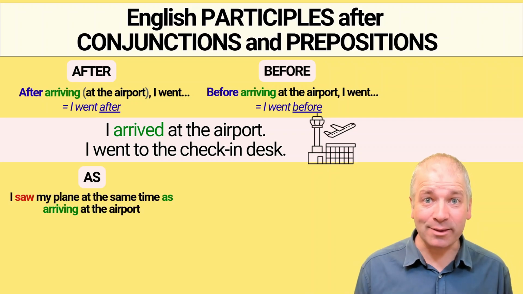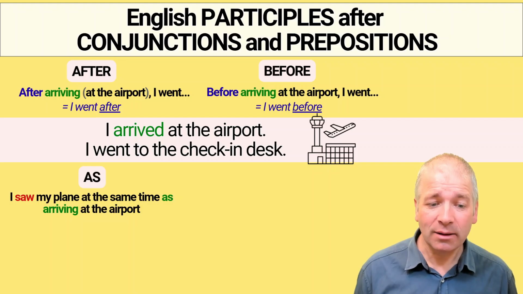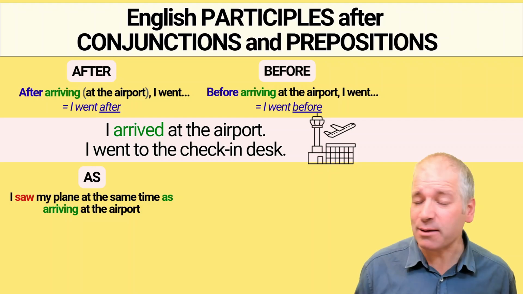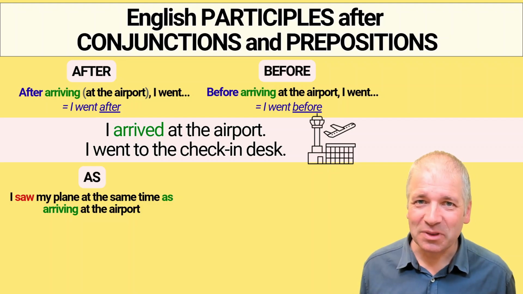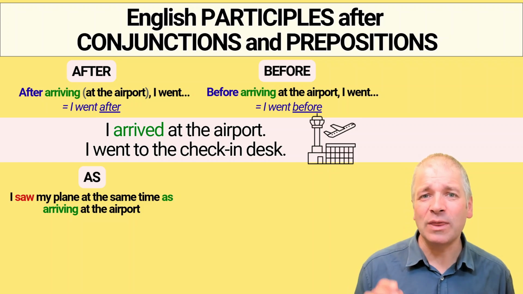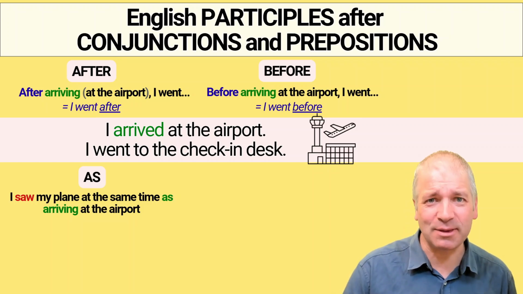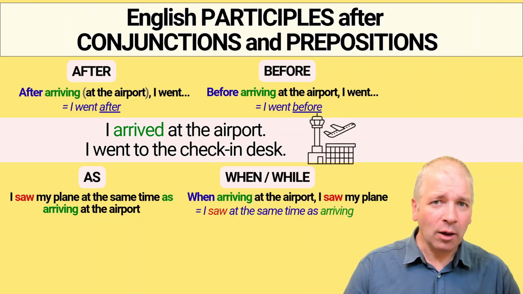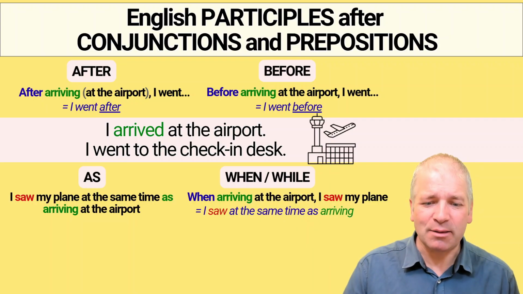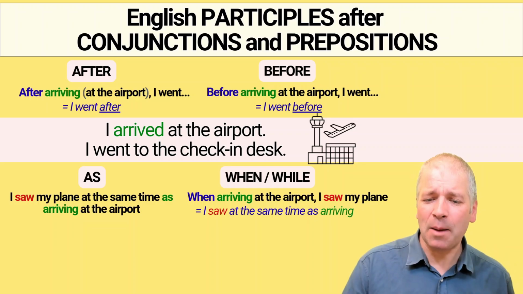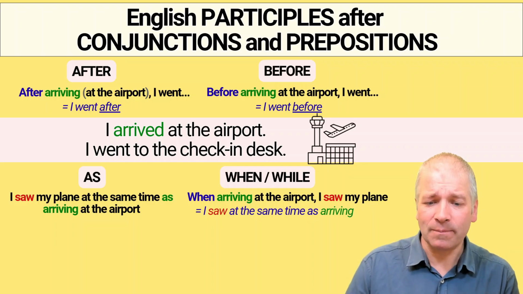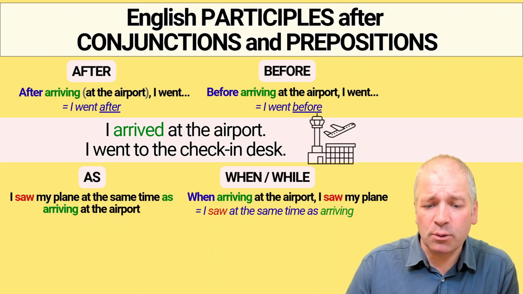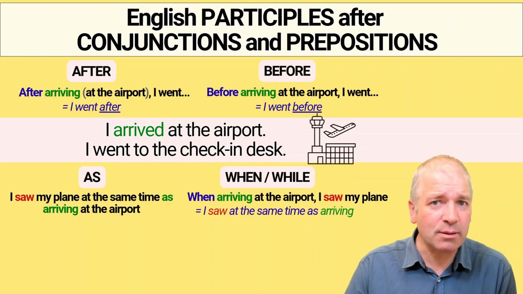Also, as. I saw my plane at the same time as arriving at the airport. So as is used when there are two things happening at the same time. When and while have the same meaning as. When arriving at the airport, I saw my plane. And that means I saw at the same time as arriving.